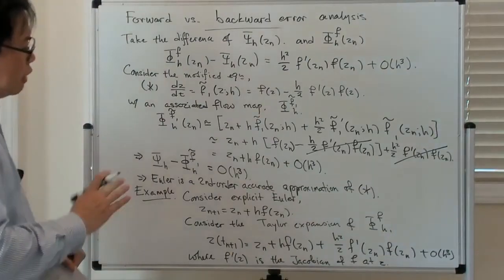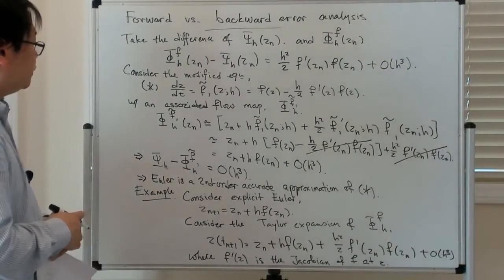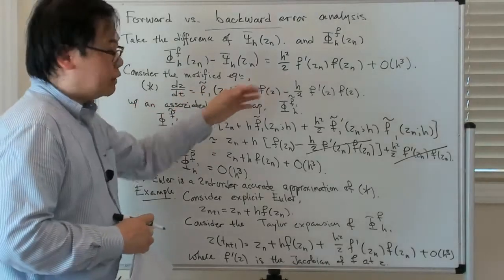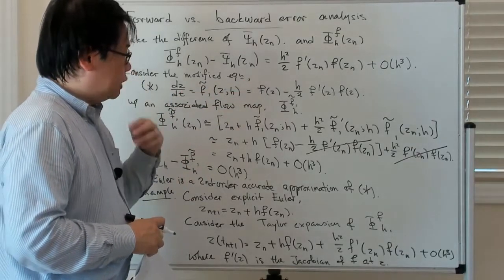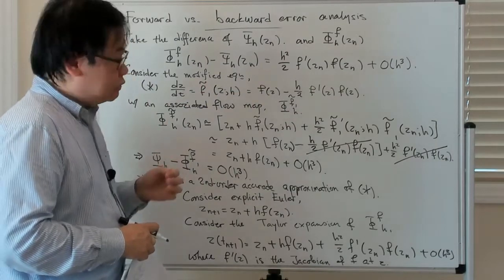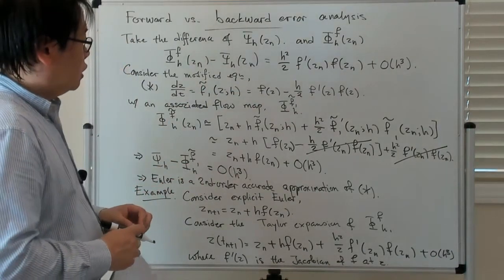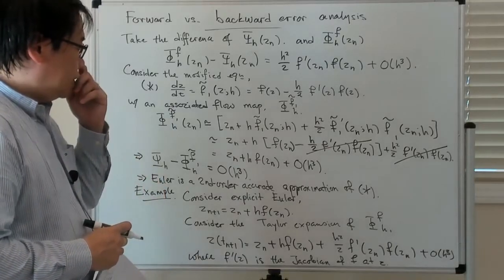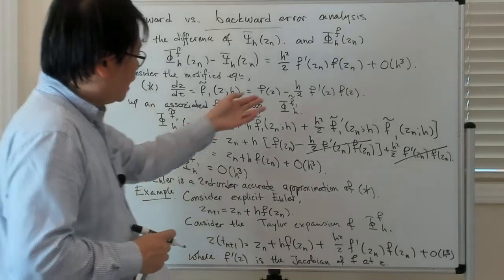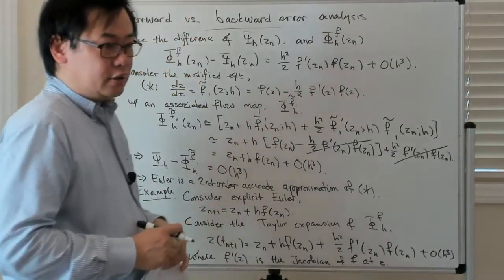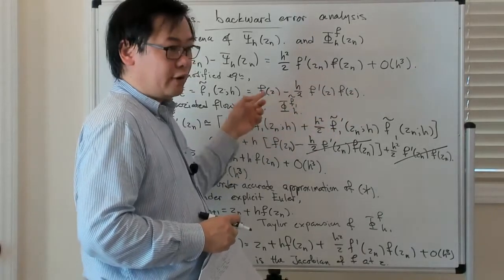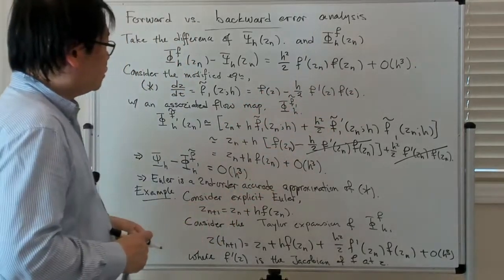So why is this sometimes a useful thing to do? It's useful because when you look at these modified equations, sometimes you're able to extract useful analytical information about the solution behavior. That tells you, for example, that when the Euler method is applied to a dynamical system, it behaves a little bit more like this modified equation than it does the original equation.